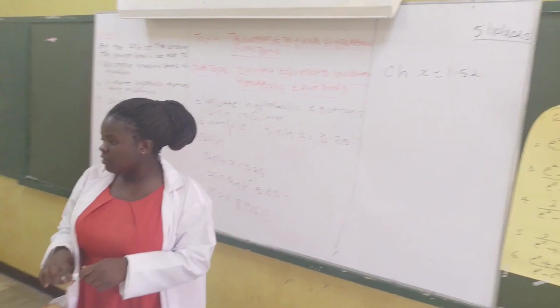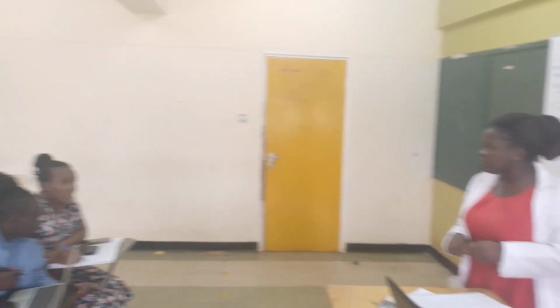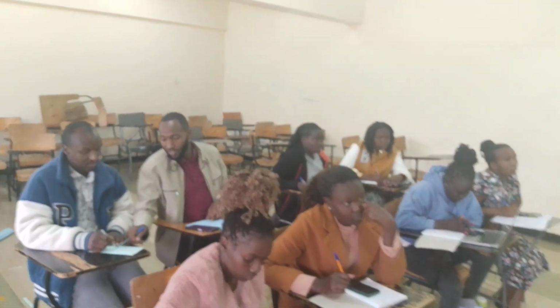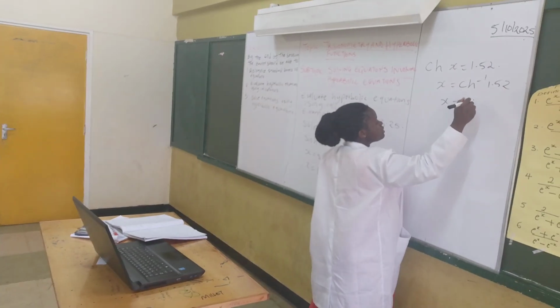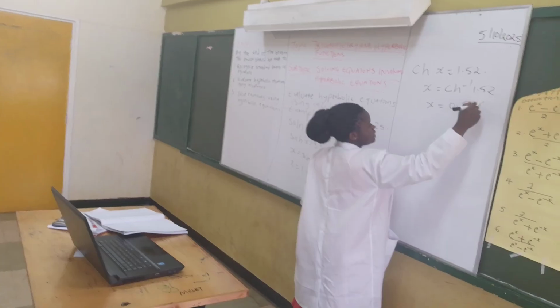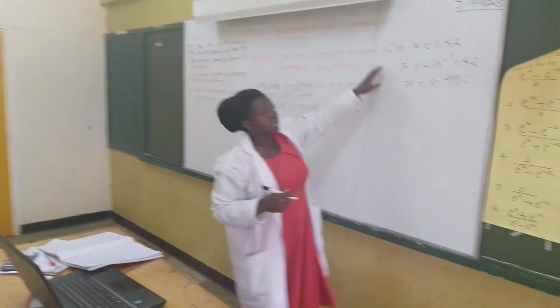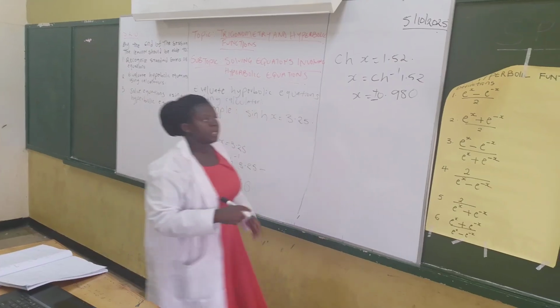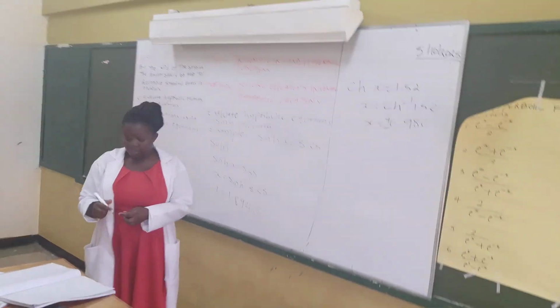So, yes, Mercy, what have you got? 0.982. That is correct. Our x is equal to cosh inverse of 1.52, which is 0.980. Because cosh is an even function, it will be plus or minus 0.980. Is it okay? Yes. Okay.